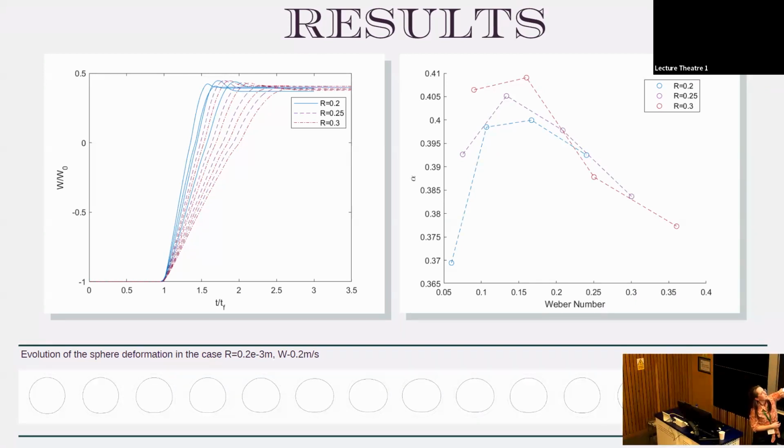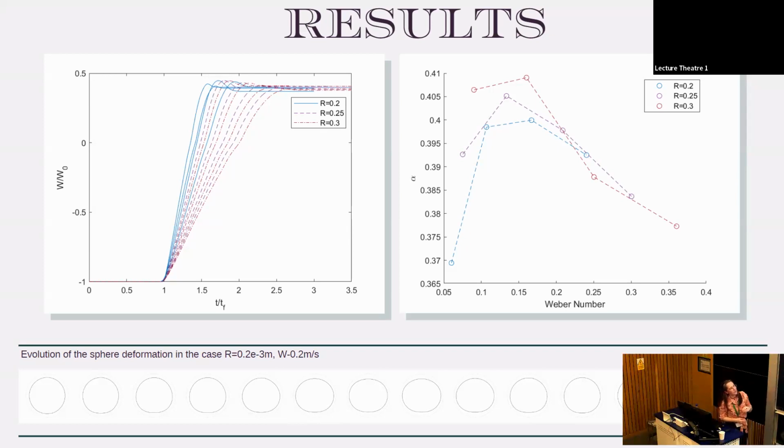And then as it rebounds, you can see the evolution. And then when it flattens off, that's it in the opposite of free fall, moving upwards. I don't know if free fall has an opposite, but doing that. And you can see that as the Weber number increases, you have a longer impact time.